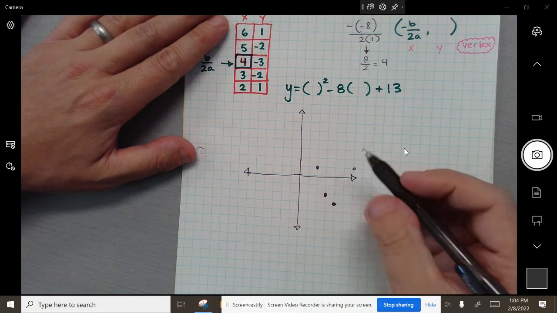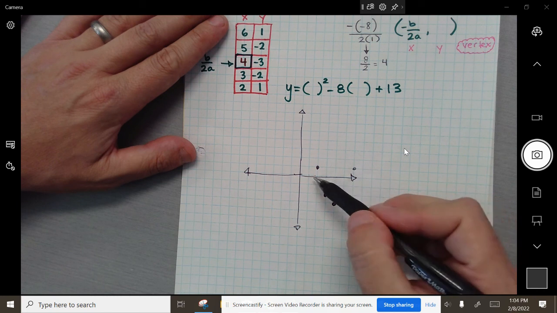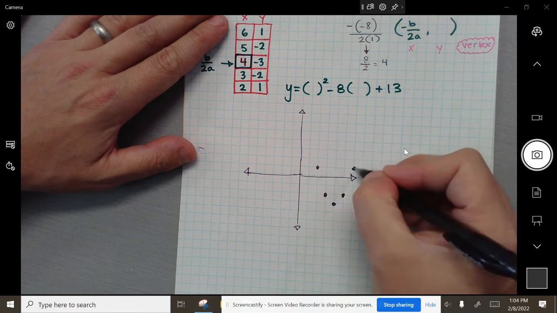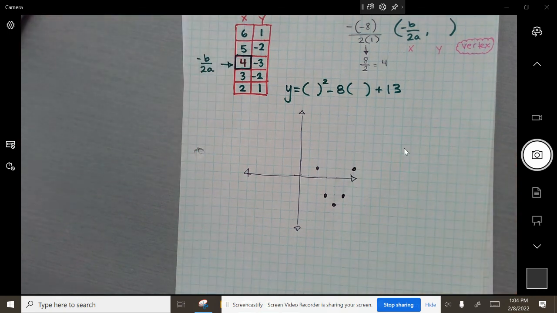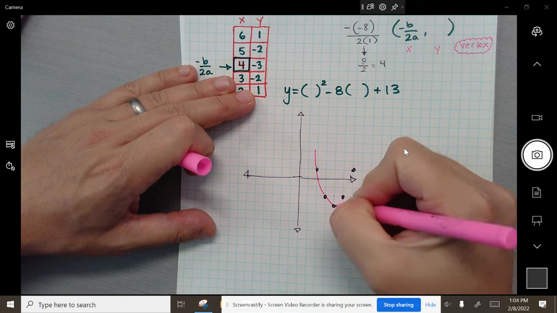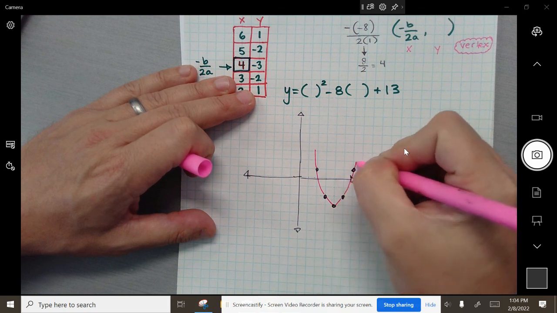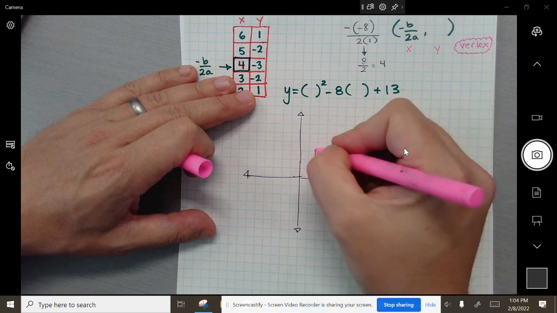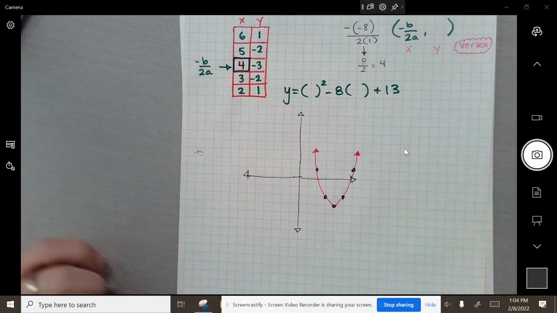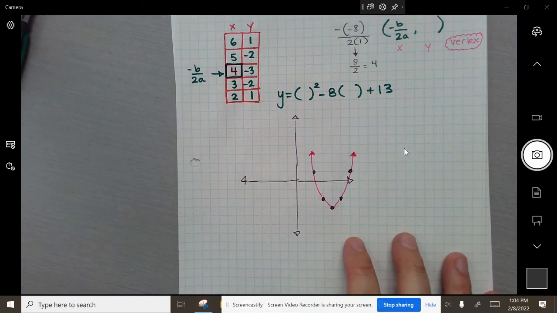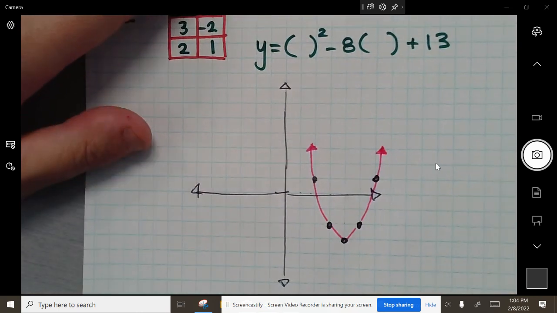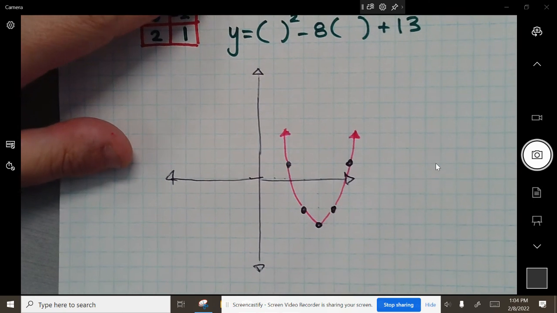And then you can start to see the pattern. This is going to be over 5, down 1. And that's my graph.